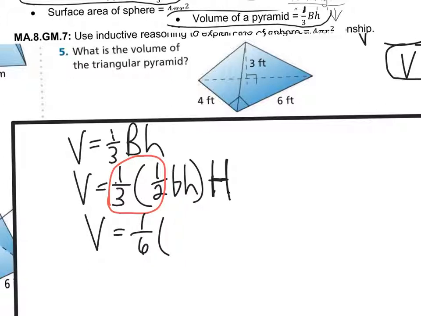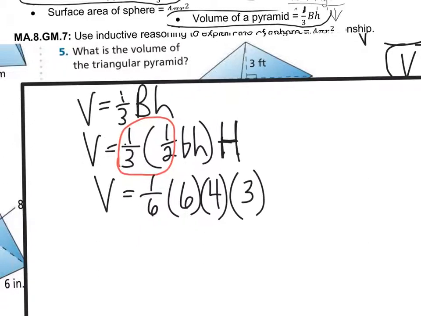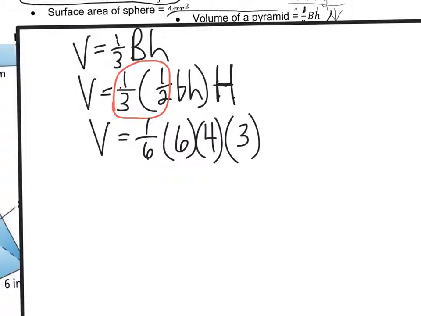So depending how you look at it, you might say the base of the triangle is 6 and the height is 4. If you said the base was 4 and the height was 6, it's going to come out the same, so no worries there. And then the height of the pyramid is 3. So at this point, very similar to what we did in the last problem, we can put all the whole numbers over 1, and you can go ahead and multiply.